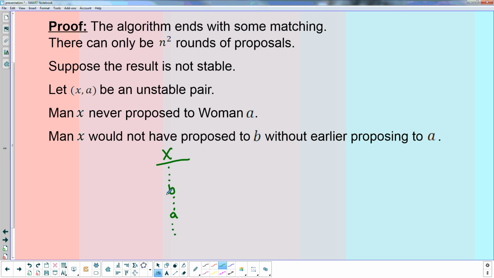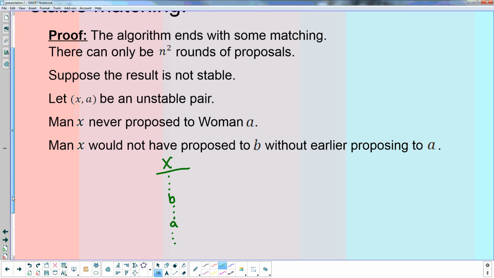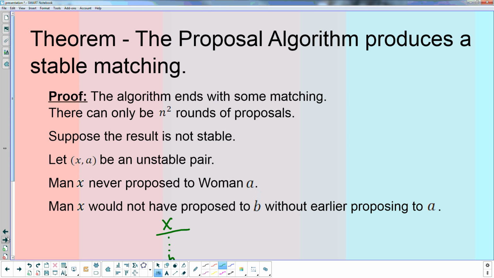Because he's with B right now, but he really prefers A, that's our contradiction, that either his list was made incorrectly or what have you. This is our contradiction, that man X would have never proposed to B without earlier proposing to A, making them not an unstable pair. So this contradicts our theorem that the proposal algorithm creates a stable matching.